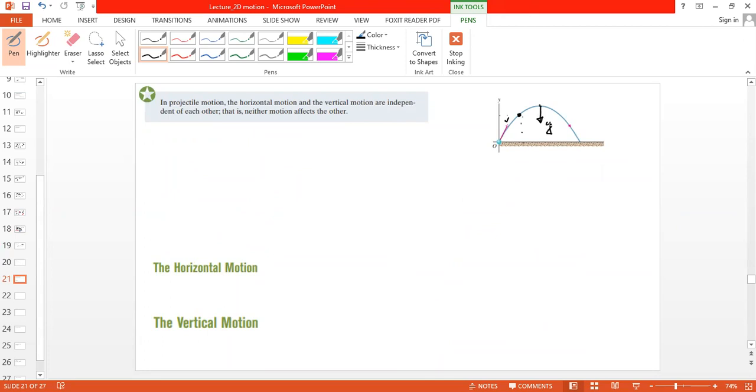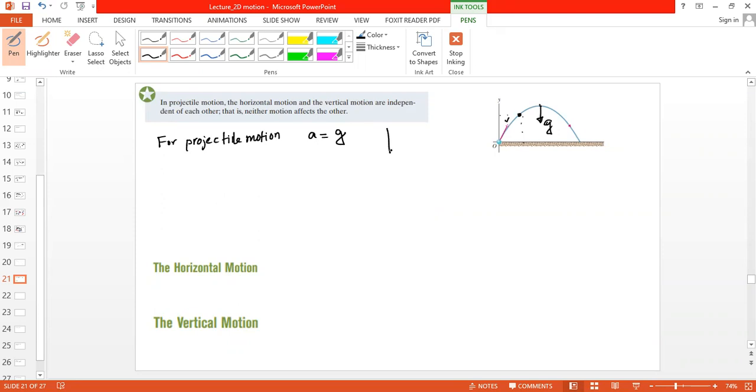G is the acceleration for projectile motion, এবং it acts downward, যেটা ডাউনওয়ার্ড কাজ করে, অথবা আমি বলতে পারি যে acts towards the negative of y-axis. My acceleration is basically equal to g. Acceleration is g, and it acts along negative y-axis.